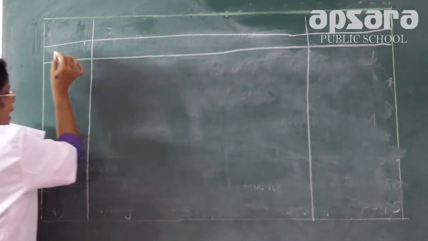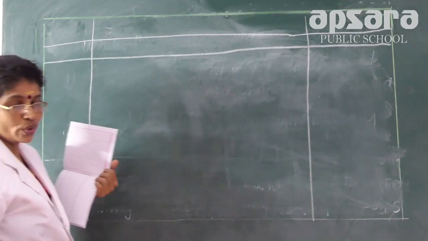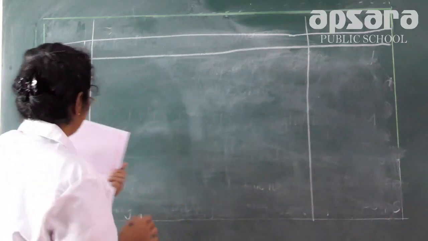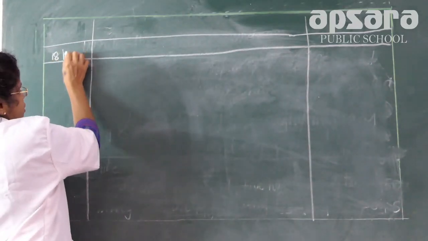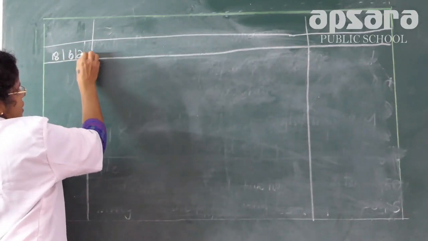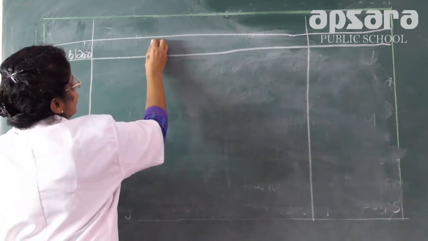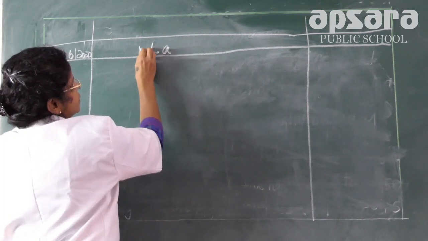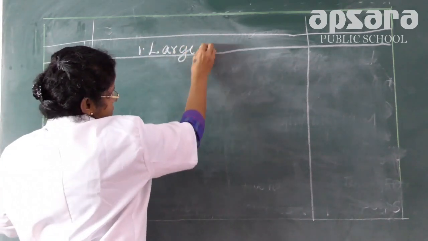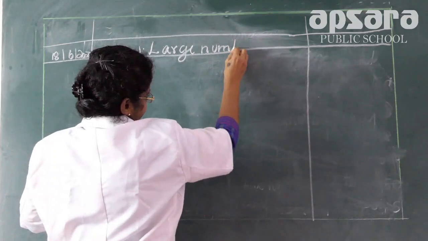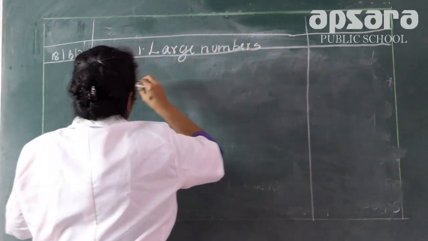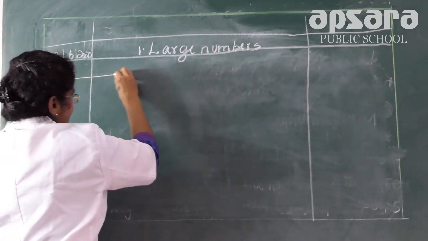You have to write the date there. Okay, what is today's date? 18/6/2020. Got it? And here you have to write the chapter, not numbers. And again, one more line, draw down.